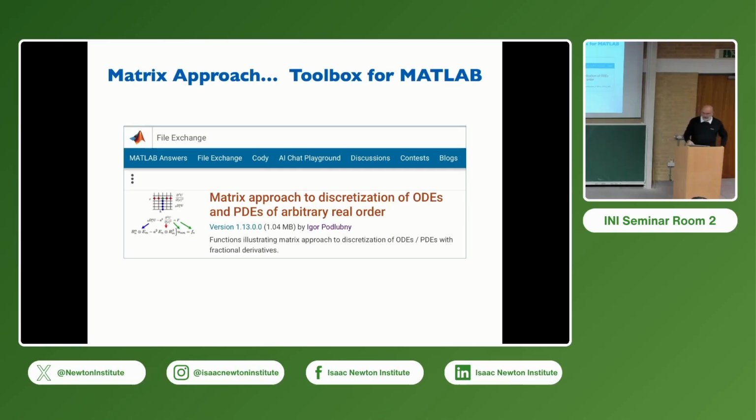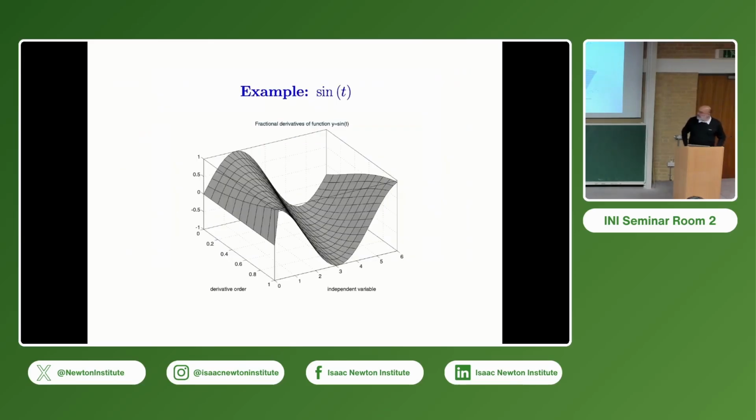Long, okay, but a better one. And you can experiment with those fractional order derivatives. Here is just one example before I continue, like derivatives of the function sine of different orders. You see sine goes to cosine for order 1, and in between there are some transitional fractional order derivatives of order between 0 and 1.